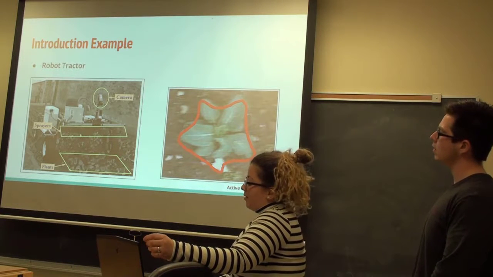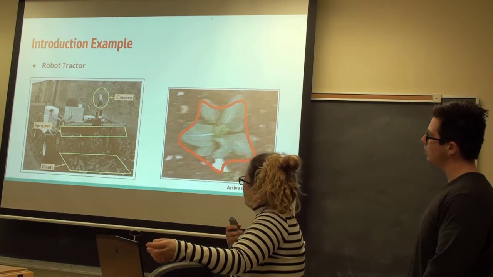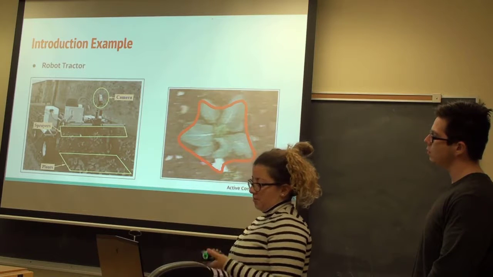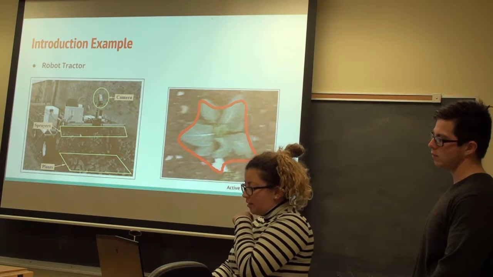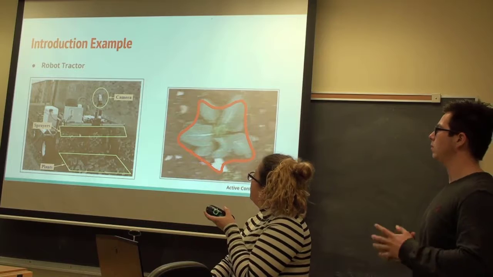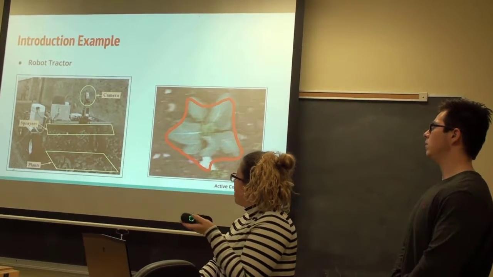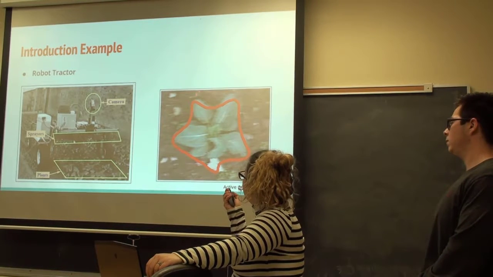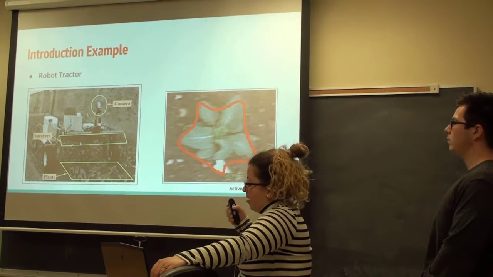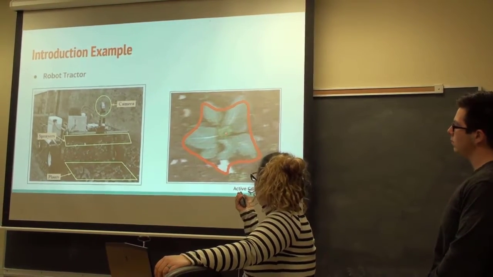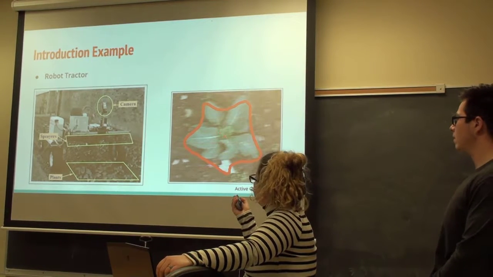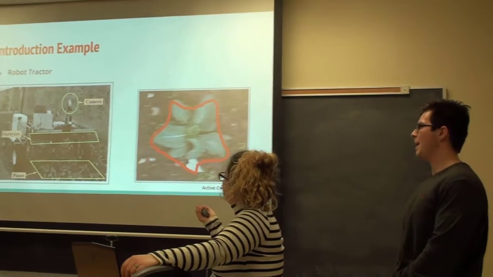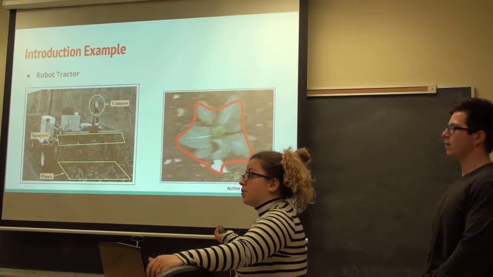Now, another example is a robot tractor. It has a camera and some sprayers, and because of the shape of the plant, it can recognize which is the plant that is going to get fertilizer, where is the ground, and where are the weeds.